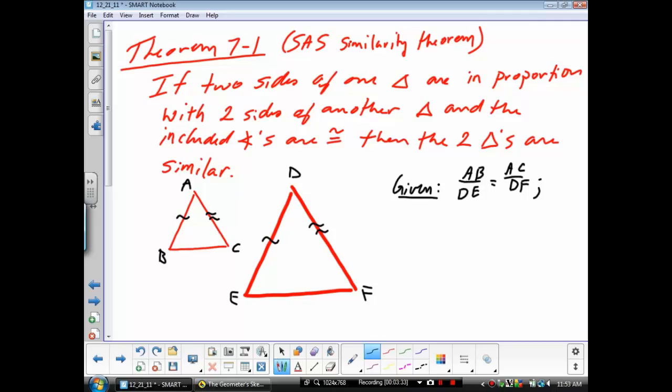So we know that, and then we know that the included angles are congruent. Well, the included angle will be the angle between those two sides. So angle A and angle D are going to be the included angles.